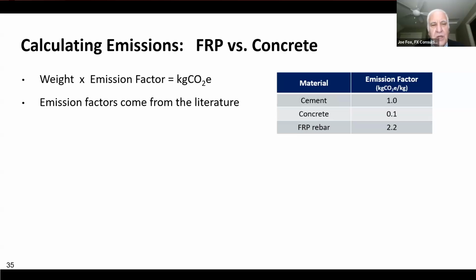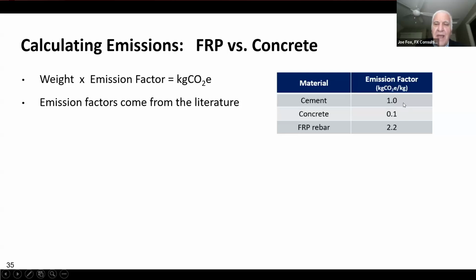But when it comes to emissions calculations, you have to remember that concrete is only 10% cement typically. And in a construction application, FRP is competing against concrete, not against cement. And that emission factor goes from 1 down to 0.1 kilograms of CO2 equivalents per kilogram.